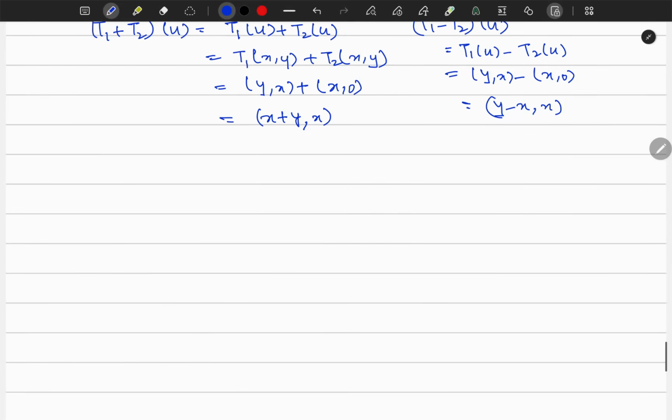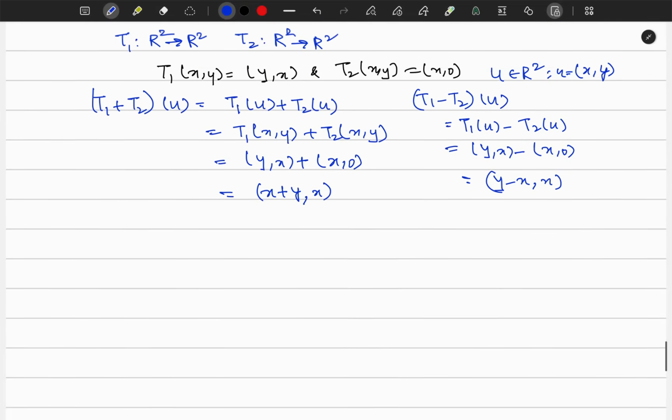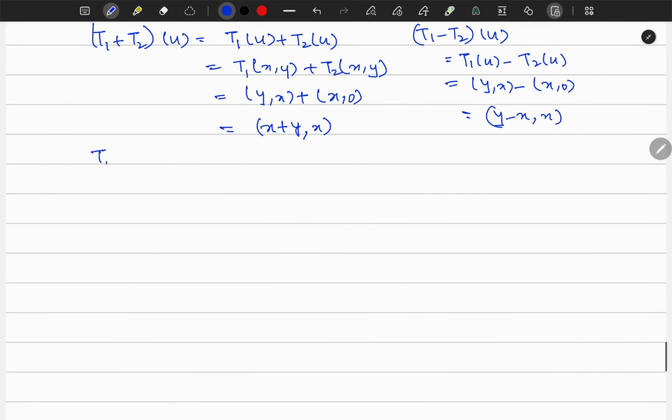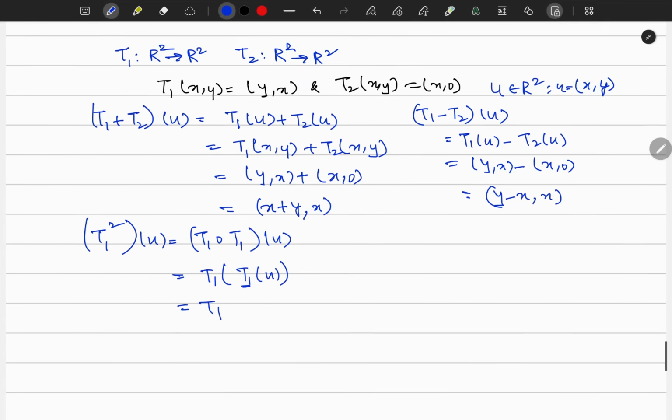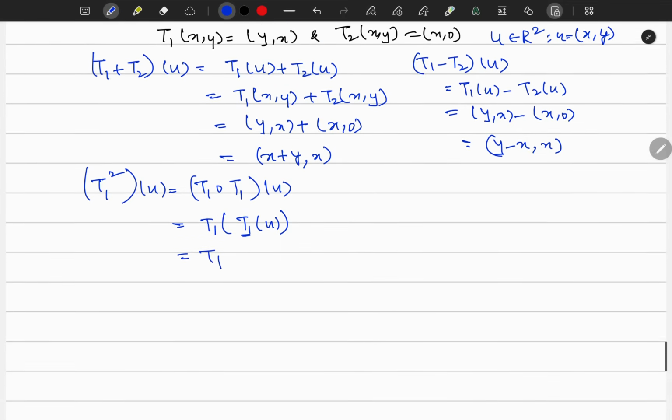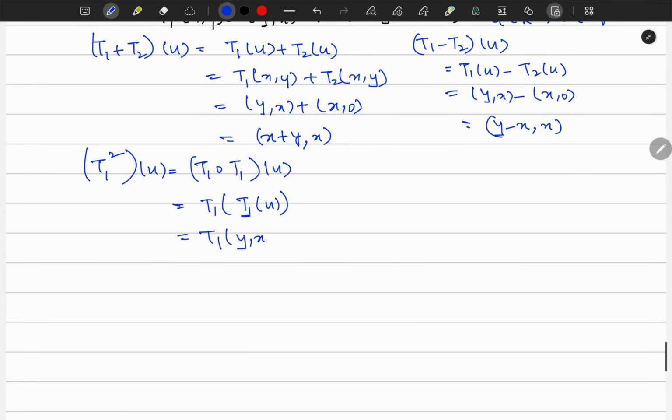Okay, for example, if you have to find T1 squared, that is T1 squared of U, that is T1 of T1 of U, that means T1 applied on T1 of U. Simple. Now apply T1 first, coming from the right. When you apply T1 on x comma y, you will get y comma x.